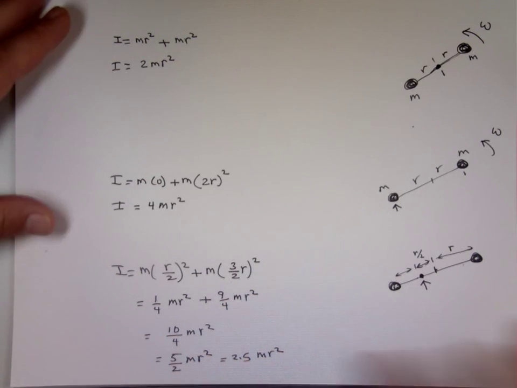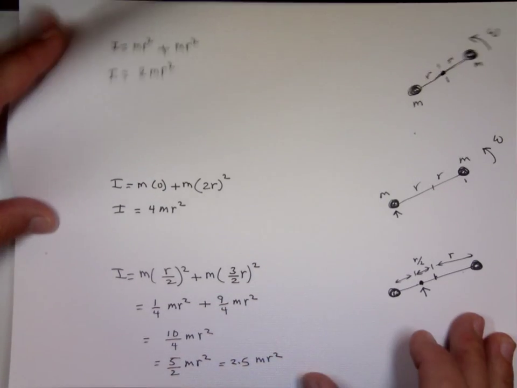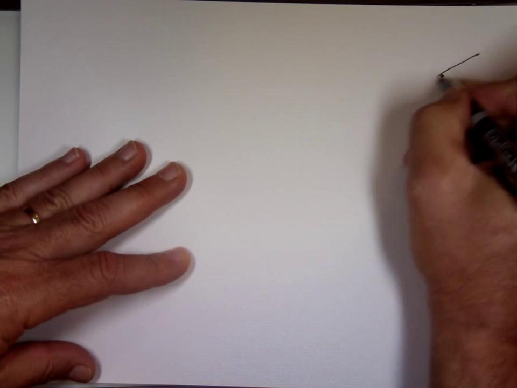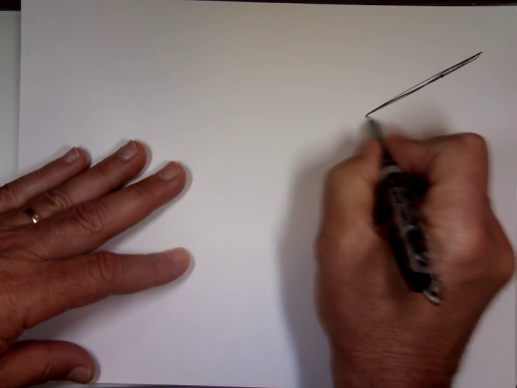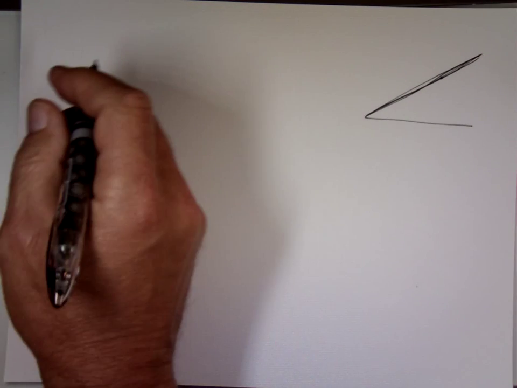Now, I started talking about the Science Museum in Boston last time, and I talked about if you have a disk, because they do this experiment there. If you have a ramp like this, we'll give it some dimension here.